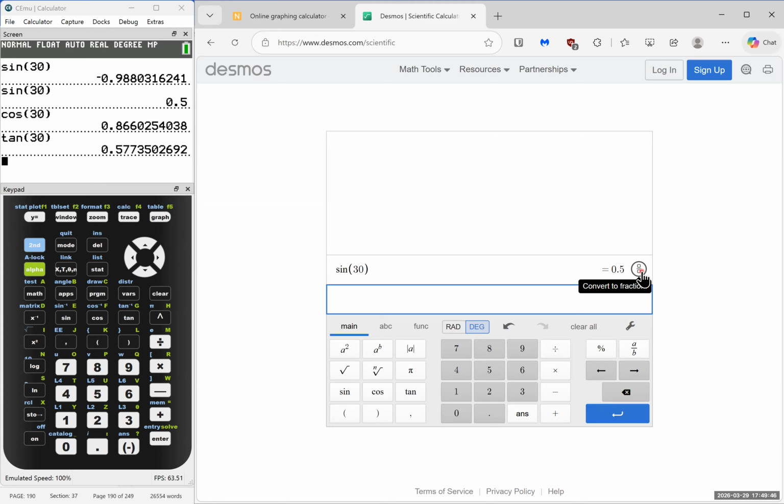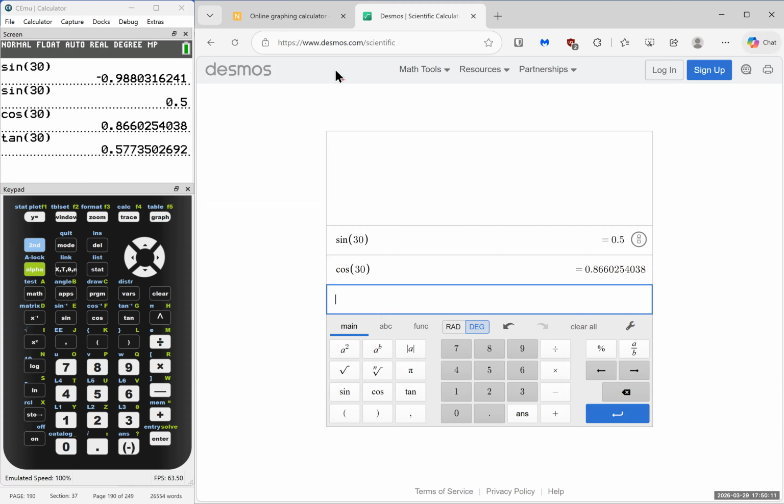And I think if you click this button, it'll convert it to a fraction. Click that again, now it's a decimal. And let's see, let's do cosine of 30. There's the decimal. Okay, it's not letting us go back to fraction like this one did. I wish this one did, but it doesn't.